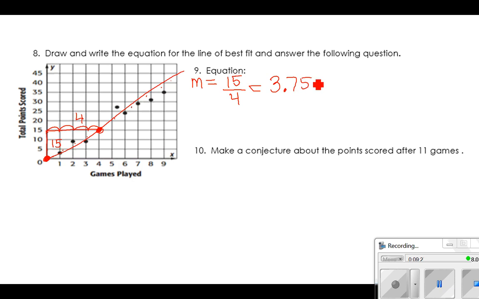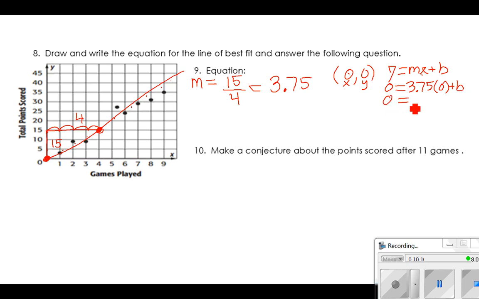Now I can choose one of my ordered pairs to substitute into y equals mx plus b to find the b for my equation. I'm going to choose 0, 0 because I think that's the easiest. So if I have y equals mx plus b, I have my x and my y. My y is 0 equals my m is 3.75 times x, which is 0, plus b.